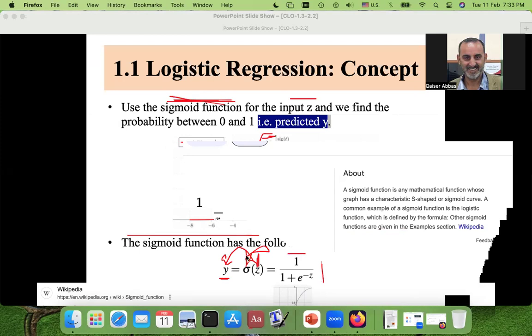Z is our input variable here. So this is the equation to calculate the sigmoid. And this sigmoid will give you a probability value between 0 and 1. Let's see it further.